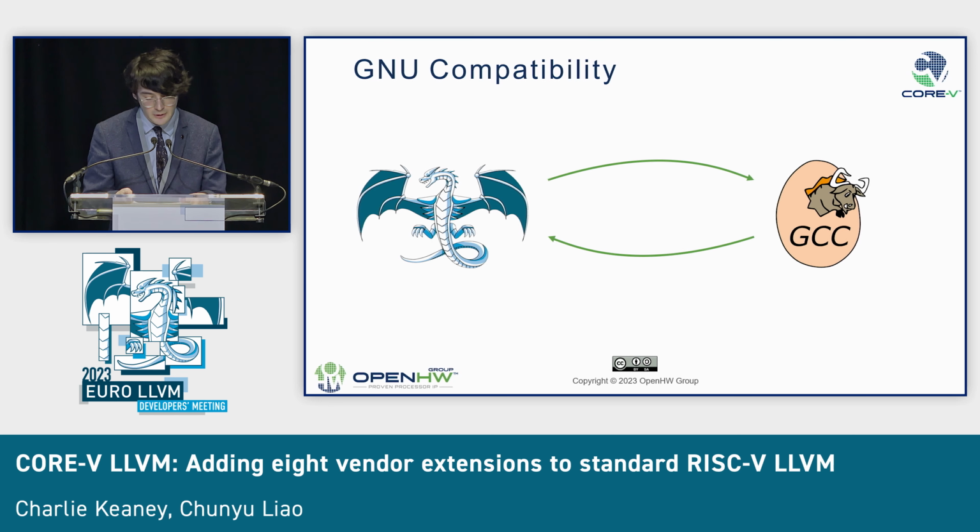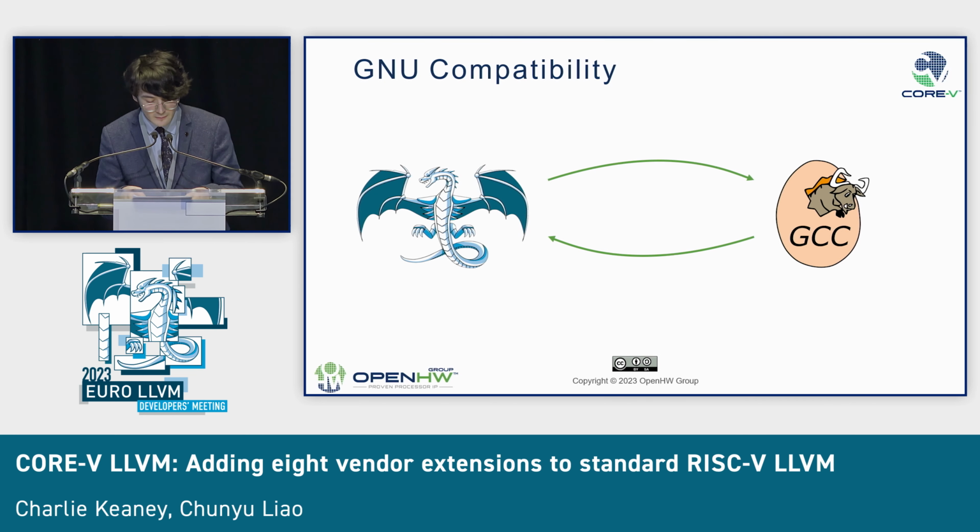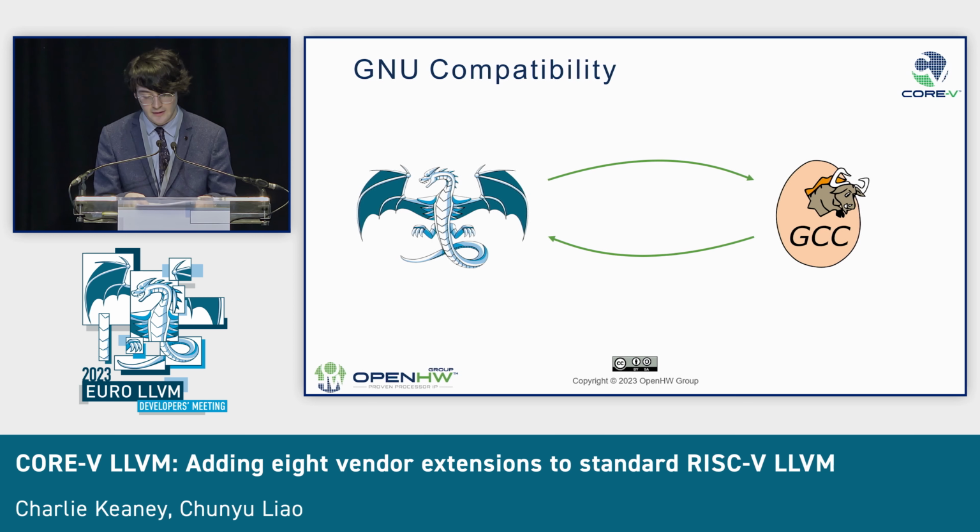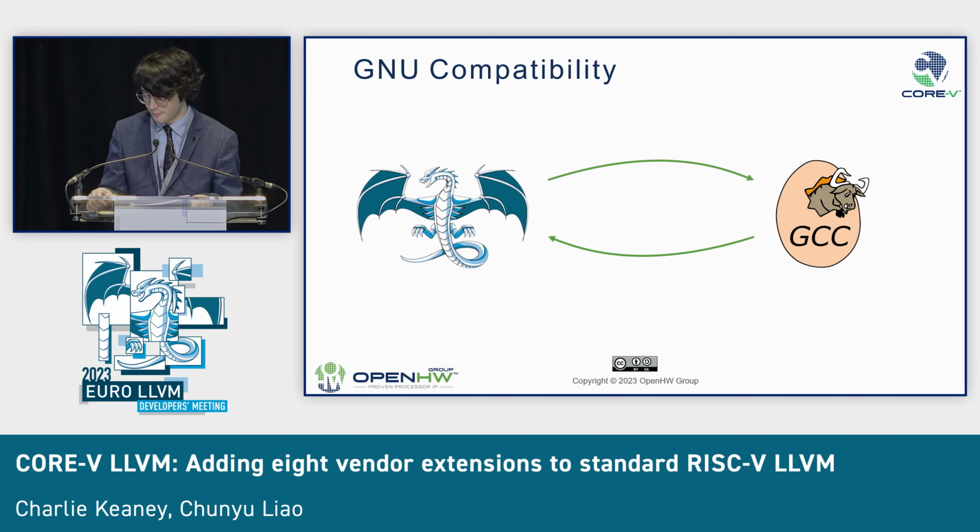This builds on the strength of both compilers, improving both LLVM and GCC as a result. As an example, for our project, we compared the output of the Core 5 LLVM assembler against the Core 5 GCC assembler, and identified problems not just in LLVM, but also in the GCC implementation. The main way in which we assured compatibility of GCC was by making sure to maintain close and regular contact between the Core 5 GCC and Core 5 LLVM teams.